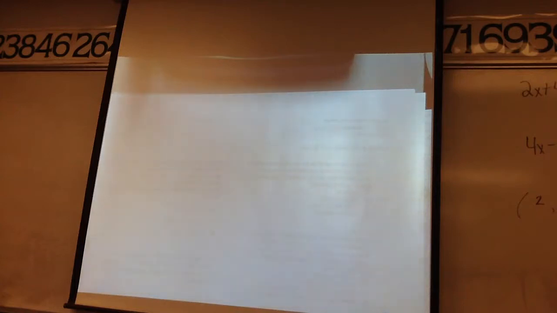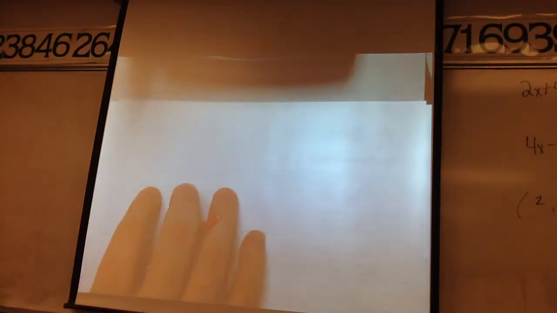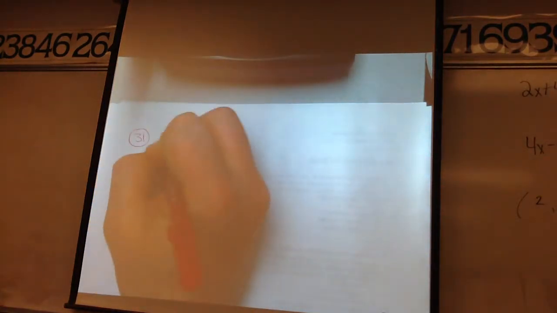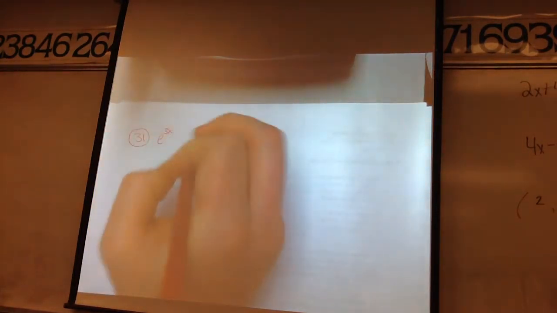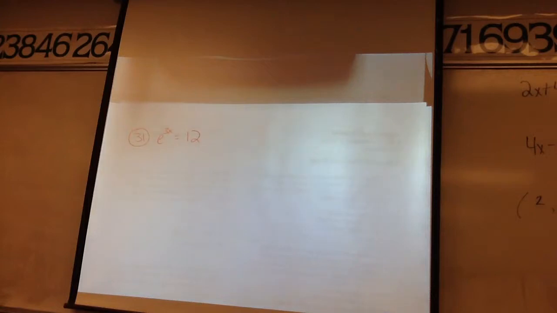Well, I was going to do a couple more because there's another section, 3.2, solving equations. And they have this e thingy in there. Solve for x. So that's ln of x.